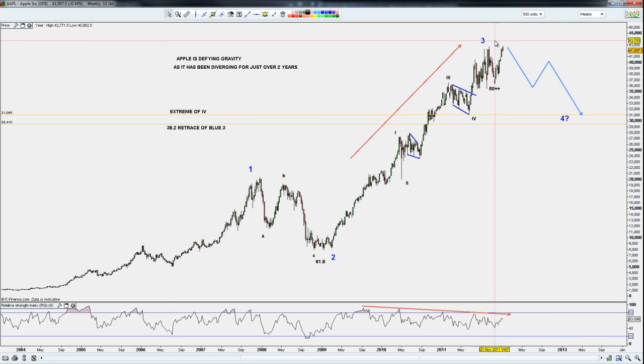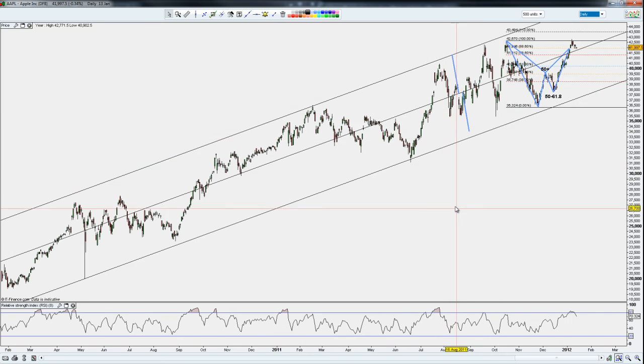So it would be 3 and 5 together. I'm short this because it's looking quite overbought, as well as having the Elliott wave hopefully conclude with a third wave. It's getting overbought on the daily.